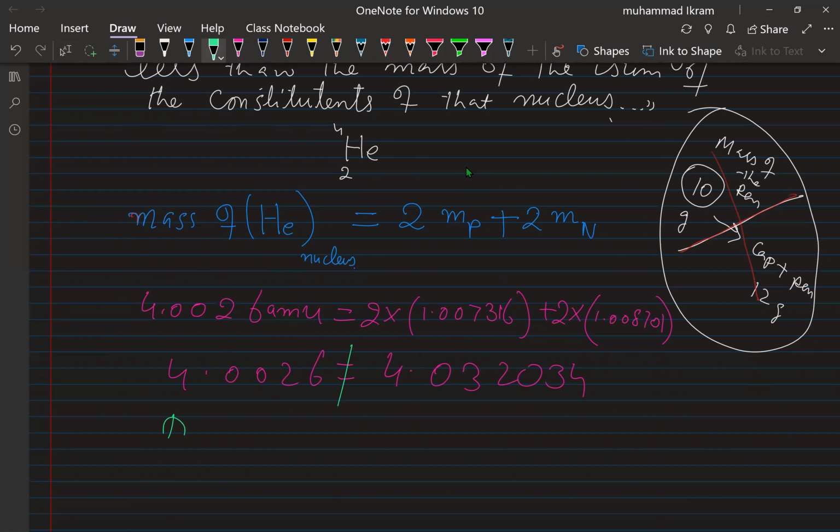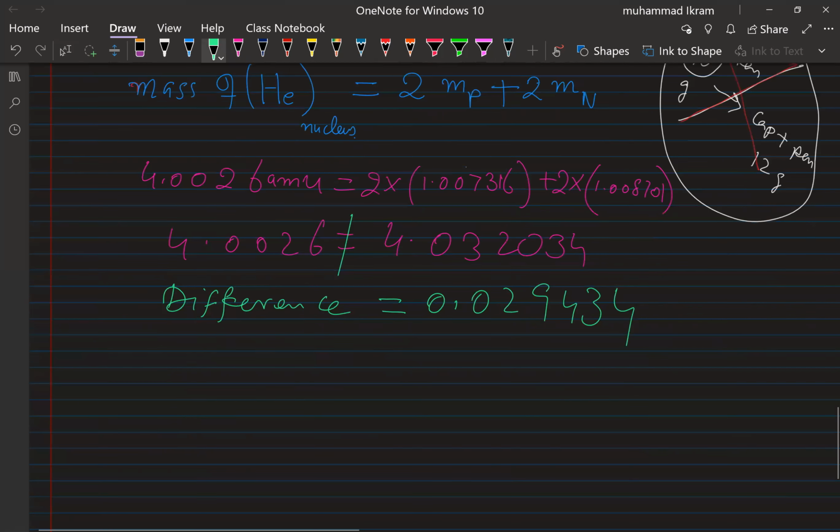And what is the difference? This difference is 4.032034 minus 4.0026, which came out to be 0.029434. So this is in clear violation of the law of conservation of energy. No, sorry, mass.